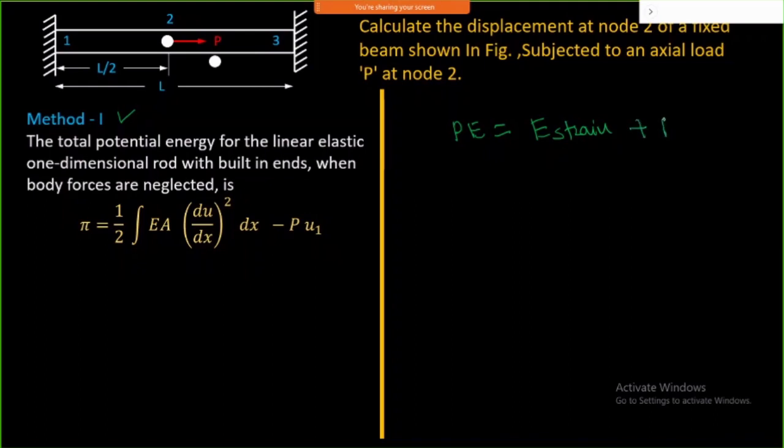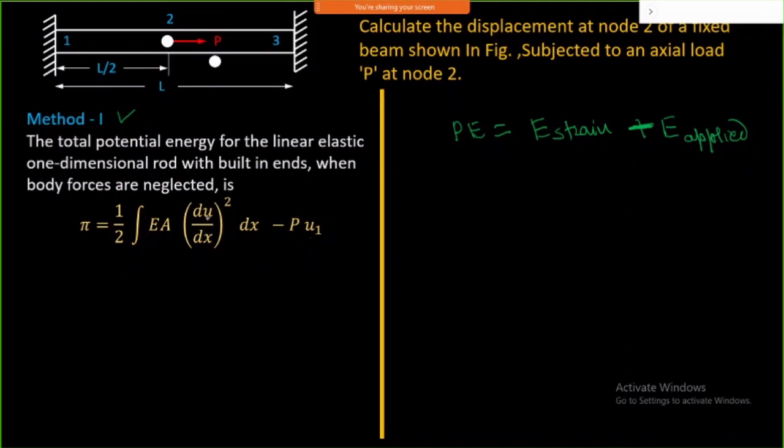Another one is the energy due to the externally applied load. This total energy is the sum of these, an algebraic sum, so it is the strain energy minus the applied energy. The applied energy is P times the displacement, which we can assume is U1 here.